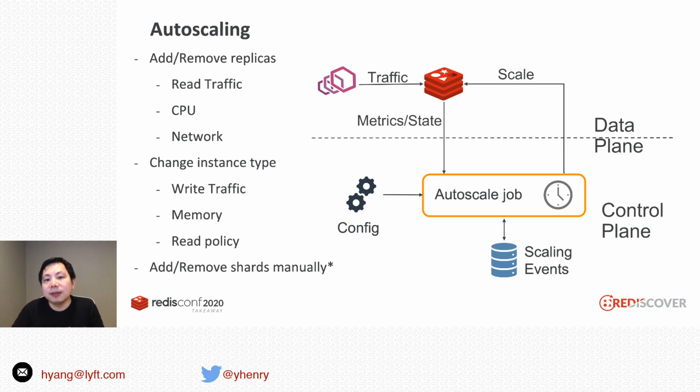As we developed the features, we started to learn there are a lot of small details. Initially, we started with just using metrics, but very quickly we found out we actually need to get the role of each node to determine the correct actions. And this sort of information does not fit very well into the metrics system.